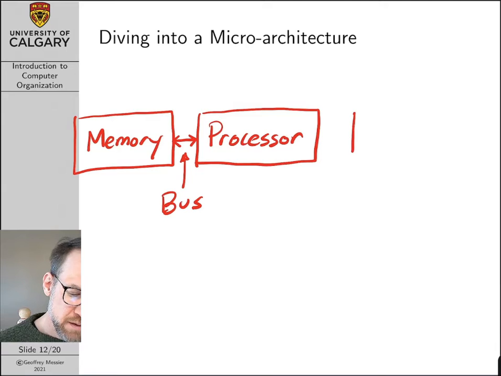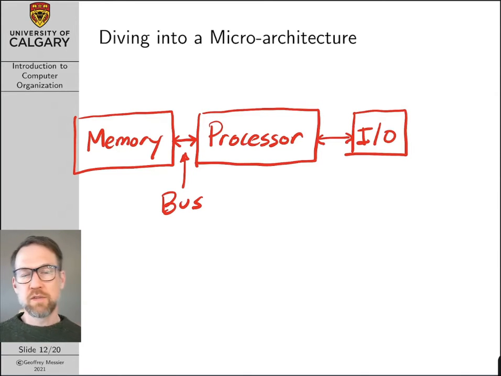And finally, the last high-level block contains our input-output devices, or our I/O devices. This is how our computer interacts with the rest of the world. It accepts input from the world. Maybe we're talking about a keyboard or a mouse.